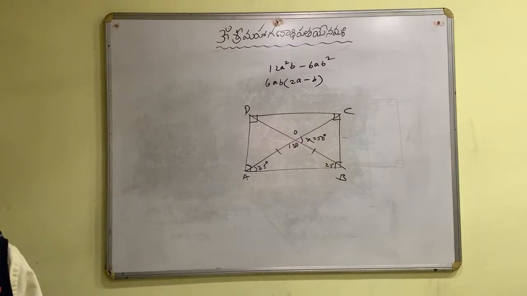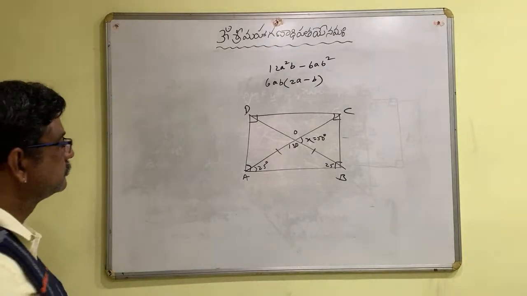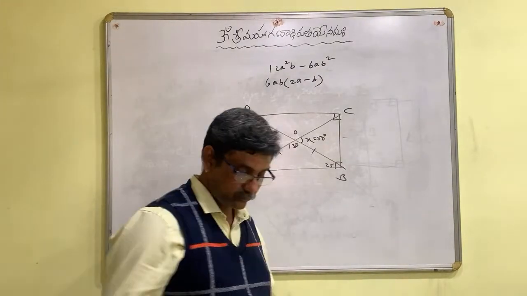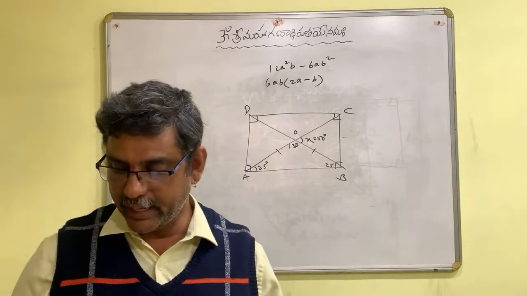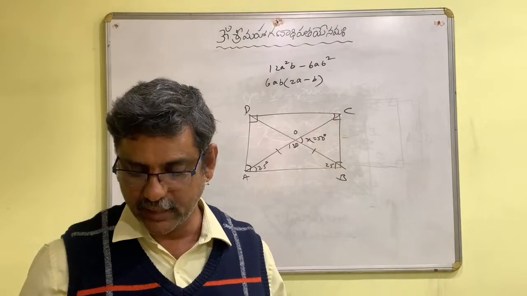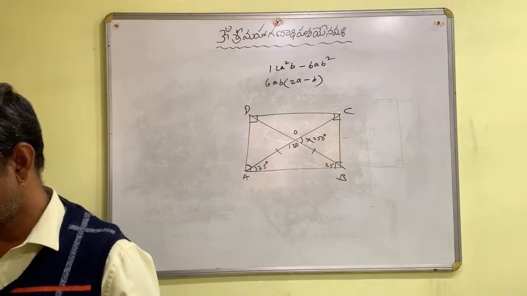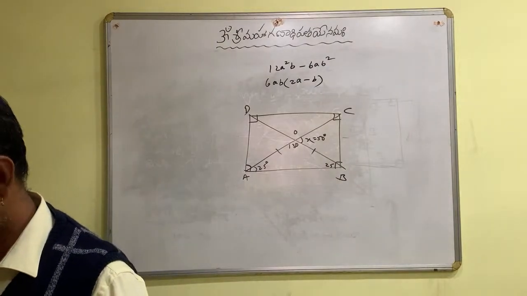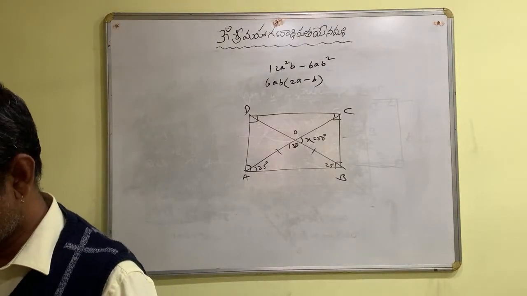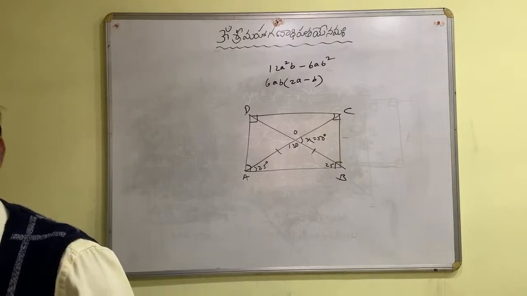Next, 17th question. The linear equation 2x minus 5y is equal to 7 has how many solutions? Unique solution, 2 solutions, infinitely many solutions, no solutions.